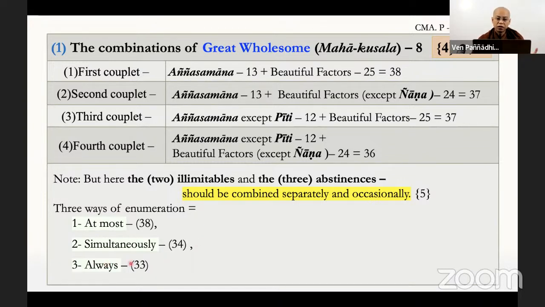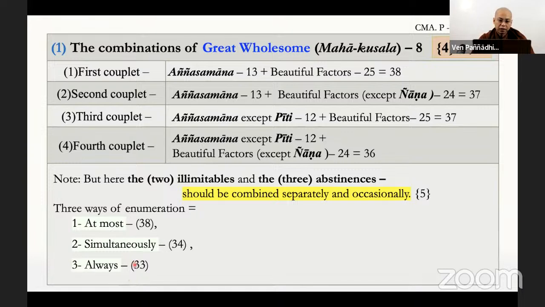So if you know this method of how to make the change, for at most, simultaneously and always, in the great wholesome Mahakusala, it is easy. This slide is enough. You can count in a different way. For the fourth couplet, you can count 36 at most, and how many? 32 simultaneously and 31 always, like this.